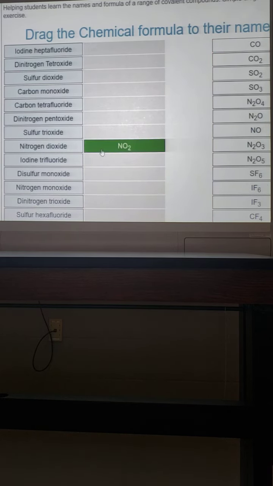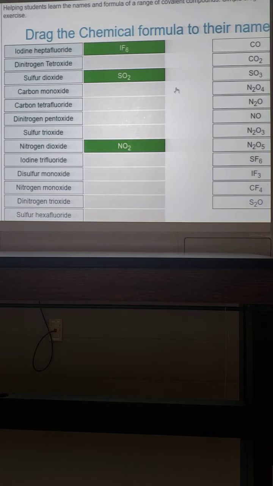Oh, I'm struggling. Okay, Andy, you pick. Sulfur dioxide is SO2. Iodine heptafluoride, IF6. Sheesh, that is a mouthful.